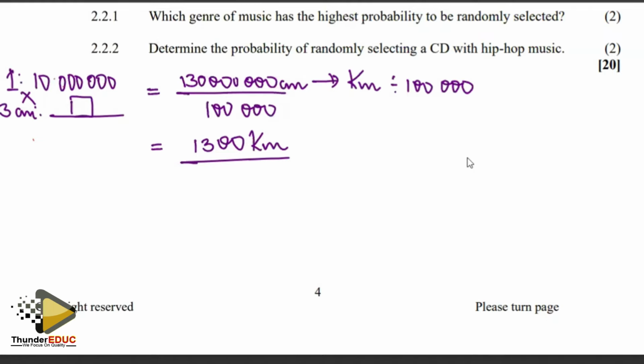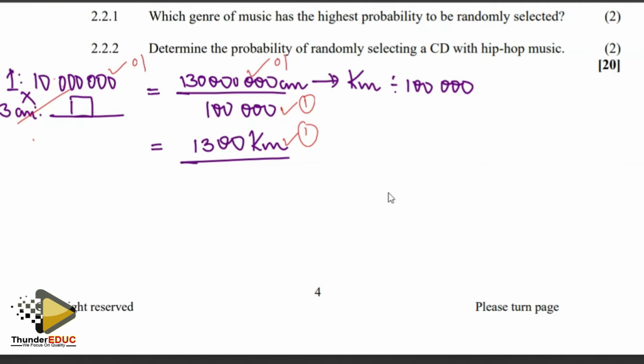Then getting the answer of 130 million, you get a mark. Cross multiplying, multiplying 10 times 13, you get a mark. Dividing by 100,000, you get a mark. Getting your final answer, you get a mark. This is how the 4 marks were stipulated.